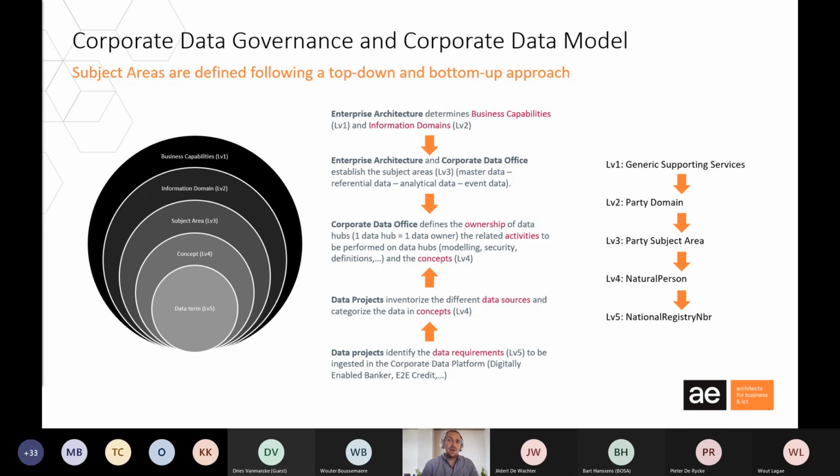Next, the party subject area, which really contains the signalétique data of a specific party. One of the concepts within this domain could be the natural person, and then have it until the level of data terminology, as in a national registry number of a specific natural person will become a data term within the concept of natural person.